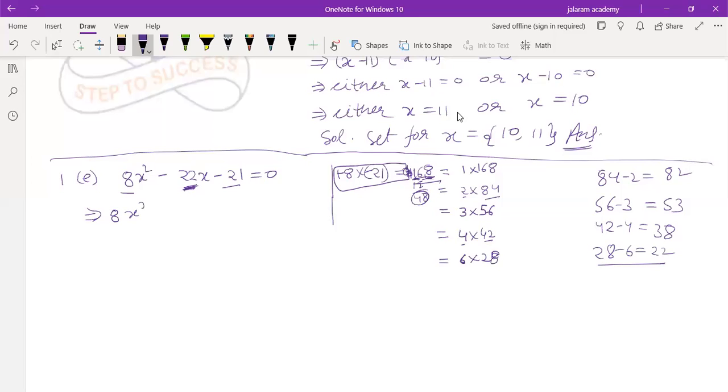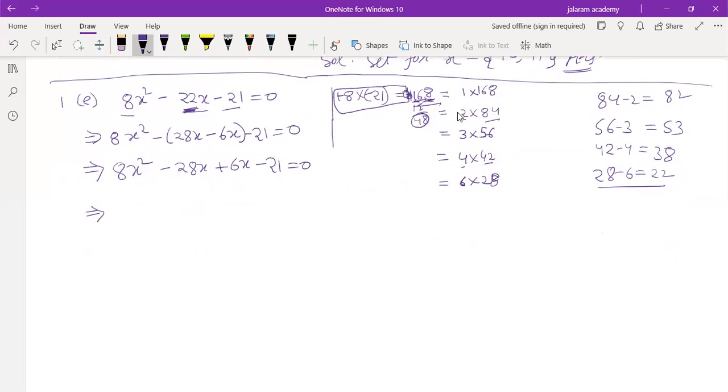8x square minus 28x plus 6x minus 21 equals 0. In the first two terms, 4x is common, so it is 4x into 2x minus 7.